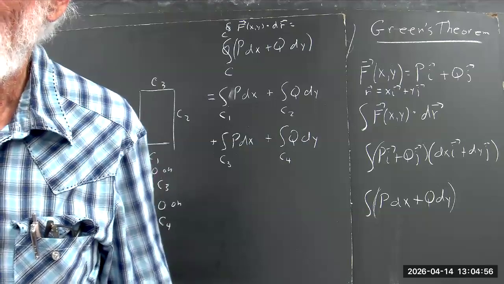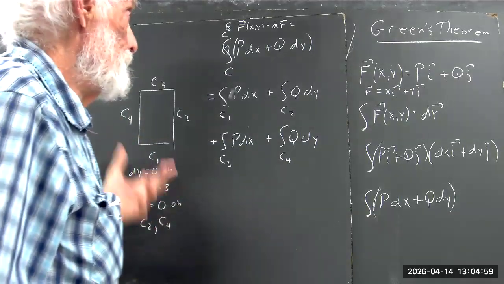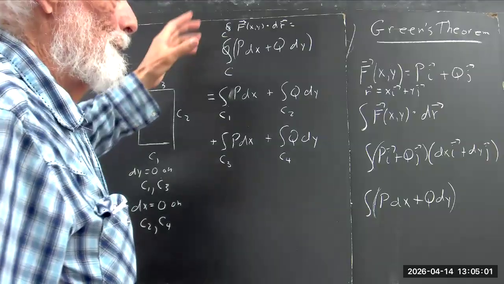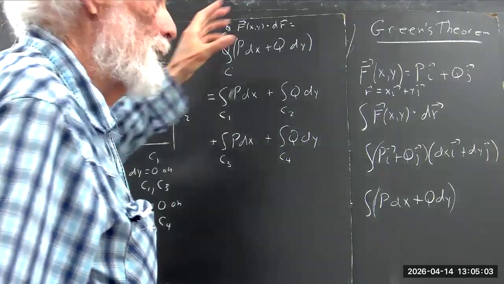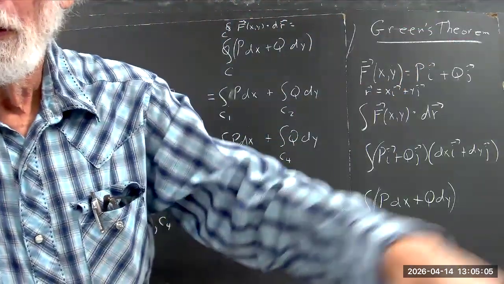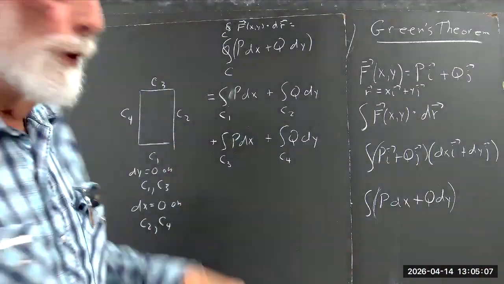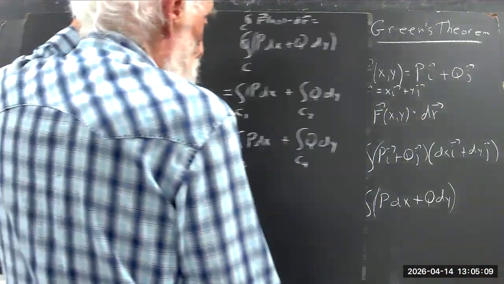They could very easily say integrate big F dot dr over this curve or over the interior of a region or whatever.